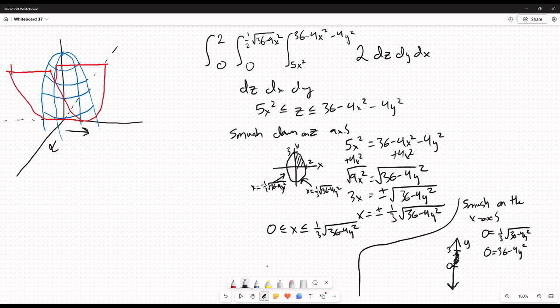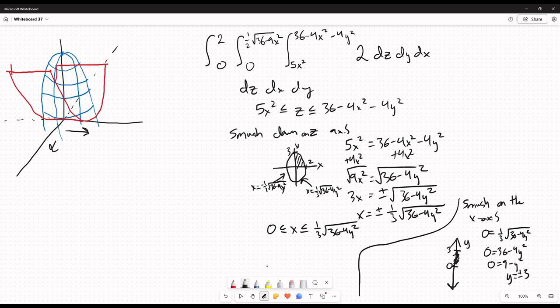You can divide both sides by 4 to get 0 equals 9 minus y squared. And then you see y is plus or minus 3, but of course we're only using positive y values. So even if you didn't know that it was this shape immediately, you could tell that it's where this curve intersects the y-axis, so where that curve equals 0. And then you could solve for it that way.